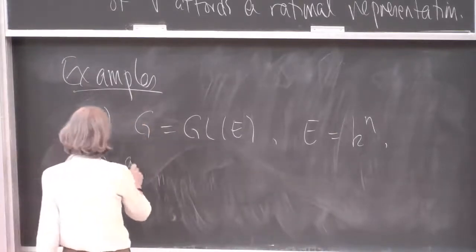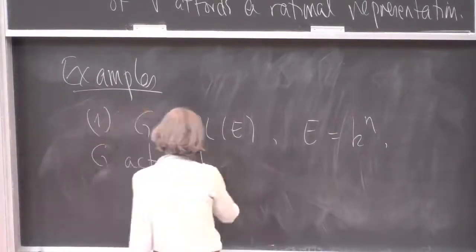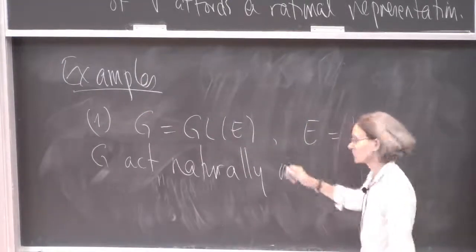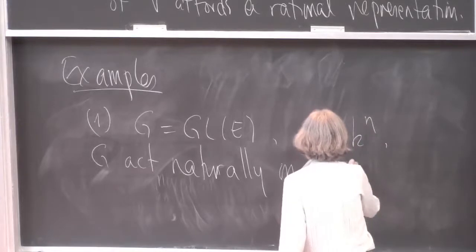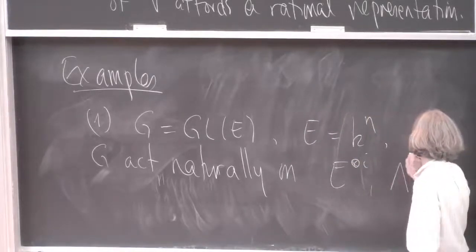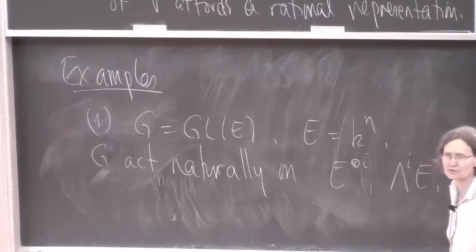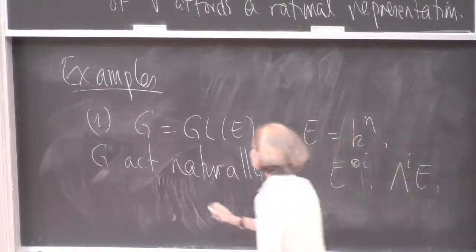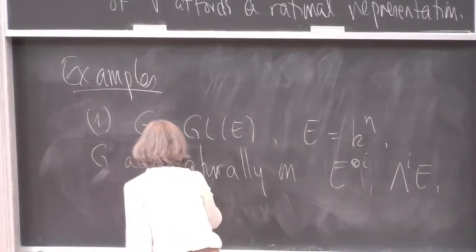Then G acts naturally on a bunch of spaces associated with E. You could take the i-fold tensor product of E, the ith exterior power, the ith symmetric power.